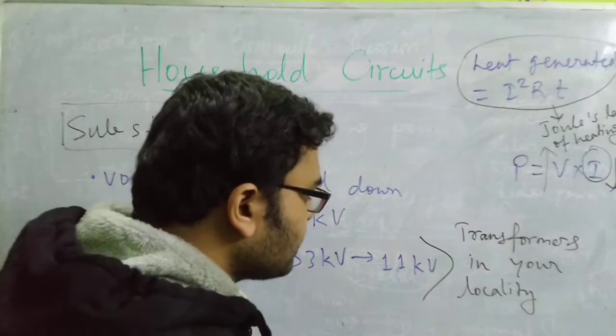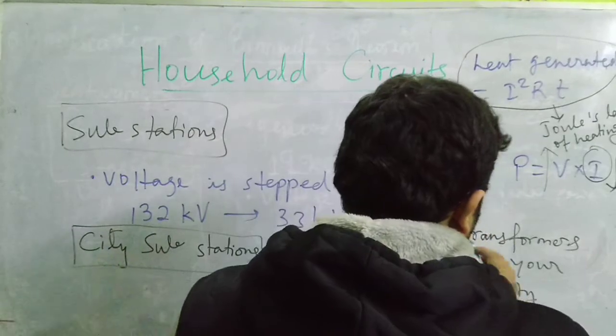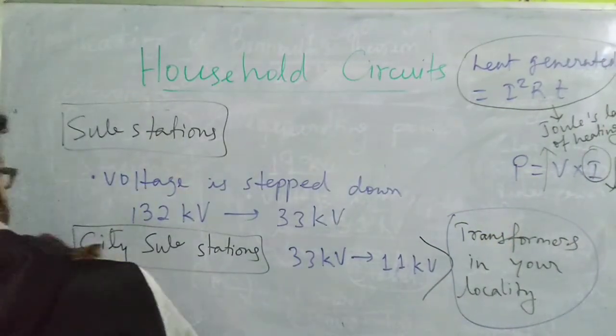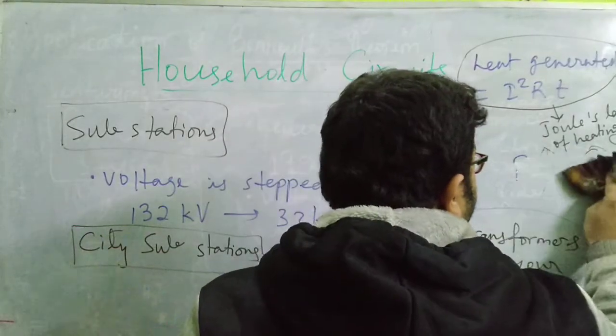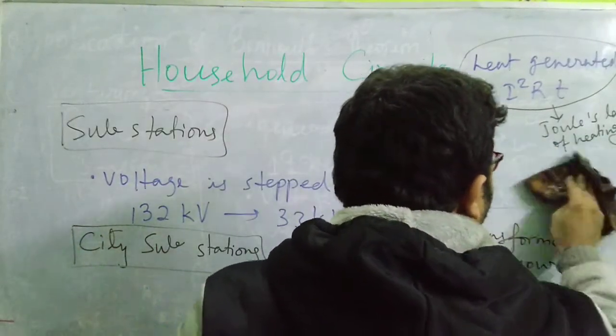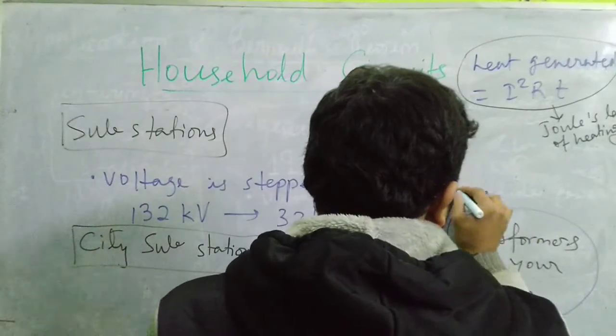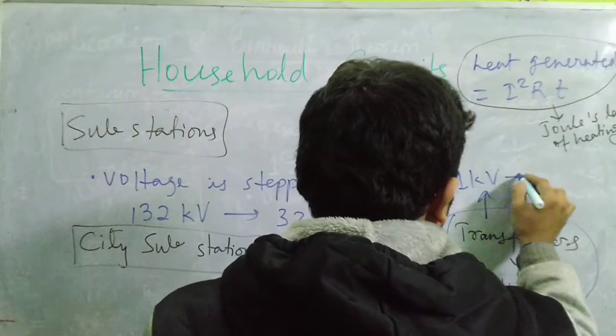So in these transformers the voltage is being stepped down from 11 kV to 440 volt.